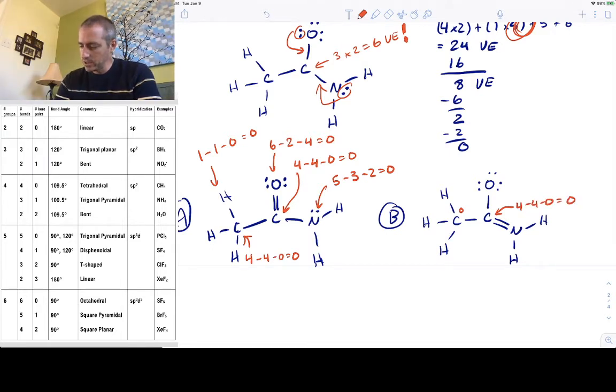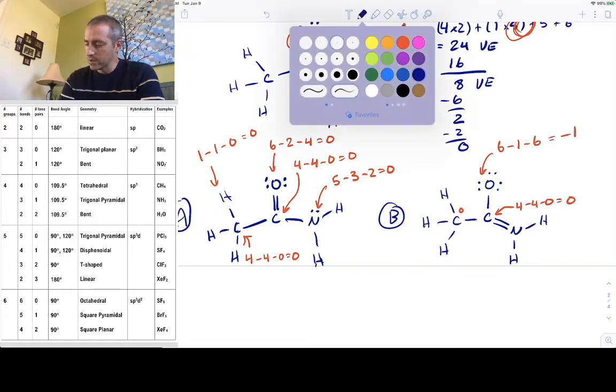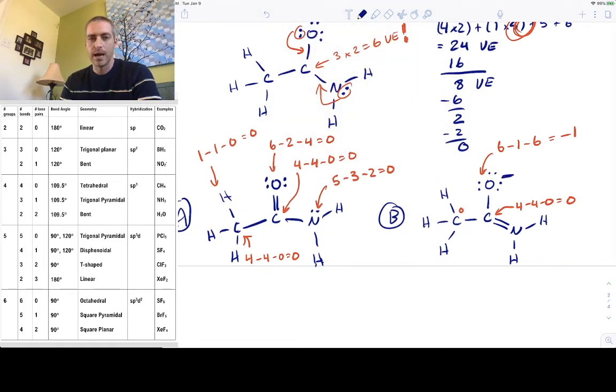But the oxygen has a formal charge of 6, which is the number of valence electrons in the oxygen. Subtract 1 for the single bond. Subtract 6 for the 6 electrons in lone pairs. That equals -1. So we have a negative formal charge on that oxygen, which we're going to indicate in the structure by just putting a minus sign next to the oxygen like I did there.